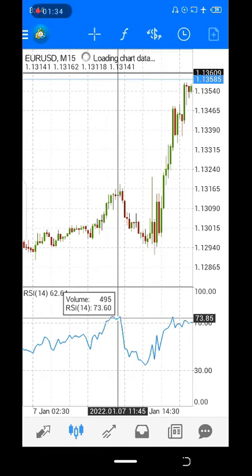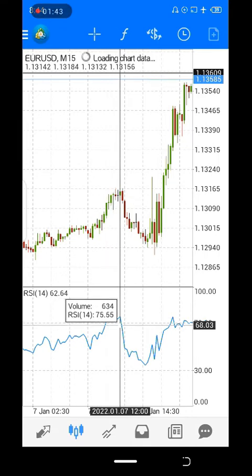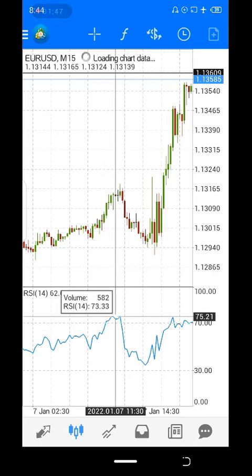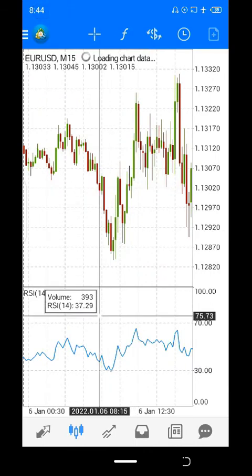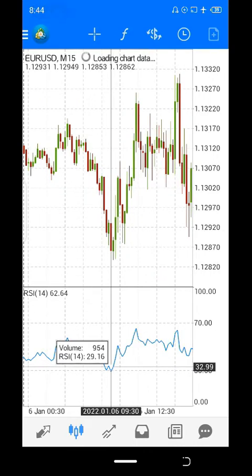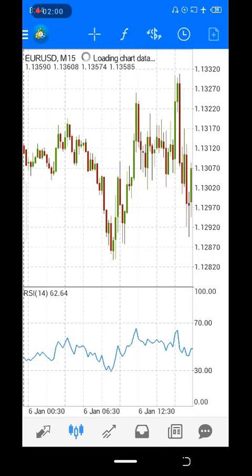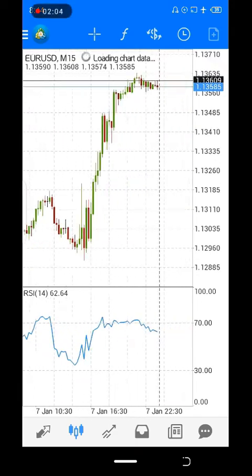It indicates that the market is overbought, and traders will be looking for selling opportunities. They will be looking to sell when it's above 70, and when it's below 30 or it touches the 30 level, traders will be looking to buy. So this is just an example of how to use an indicator.